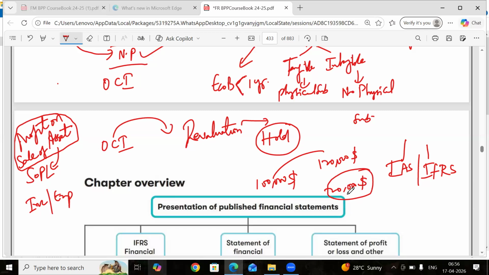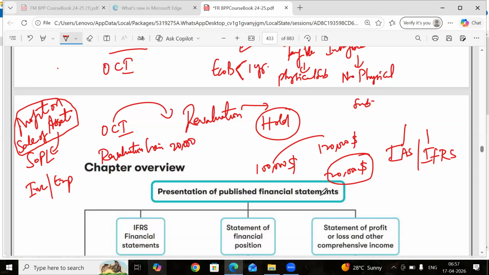It's a non-realizable income. So these kinds of gains come under the OCI section as revaluation gain. This can't go in SOPL because this is a non-realizable income, whereby the money hasn't come into your hands, but the value has increased, and those are book adjustments which we are doing.